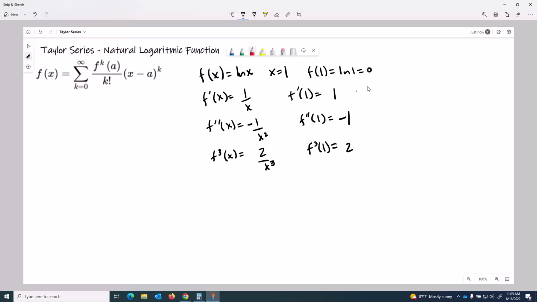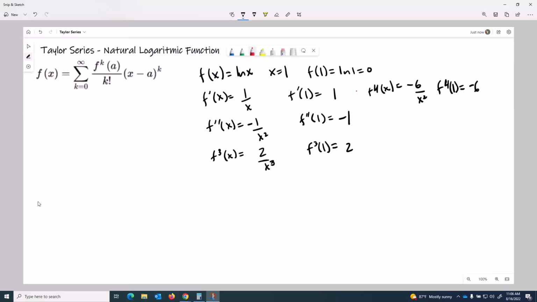Okay, now let's go ahead and find the fourth derivative. The fourth derivative at x is going to be negative 6 over x to the fourth, and when you plug in 1 into the fourth derivative, you're going to get negative 6. Now what do I need to do with this?